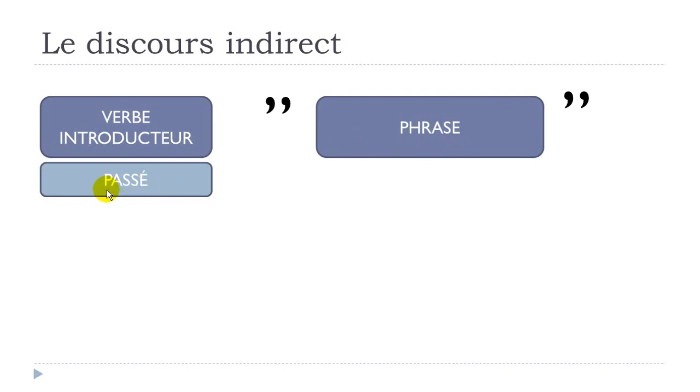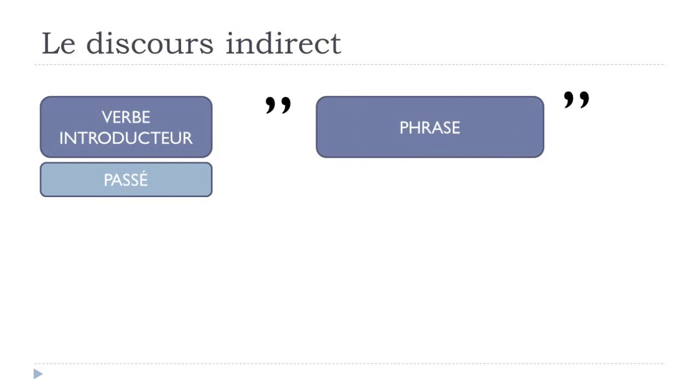And when I write past, basically it could be imparfait, passé composé, passé simple, all the past tenses that we saw so far. Well, if this first verb is at the past, then the rest of the structure will have to be modified if you want to put that at the discours indirect. And that's what we'll see in this video.